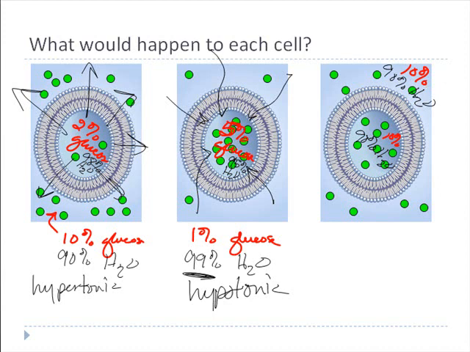However, remember again, it's really important to keep in mind that equal numbers of water molecules will constantly be bouncing into and out of the cell. So there is still movement of water molecules. It's just that the net movement is zero. Any solution that has an equal concentration inside and outside of the cell is an isotonic solution.